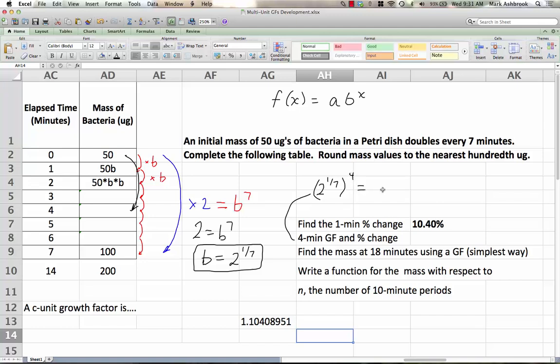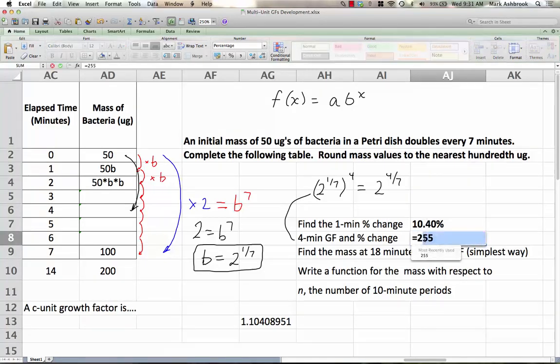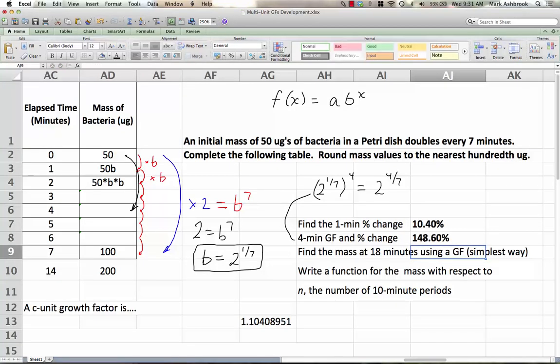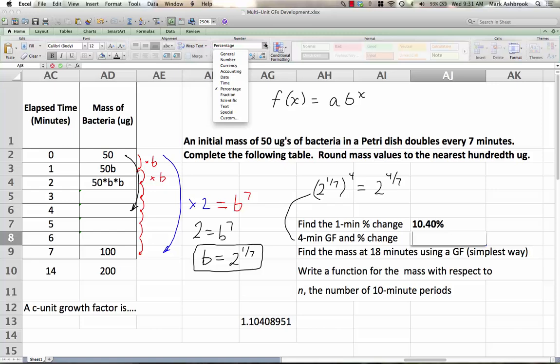This is the easiest: take the 1 minute growth factor and multiply it together 4 times. That'll advance you 4 units of input. This is also 2 to the 4/7. What is that value?